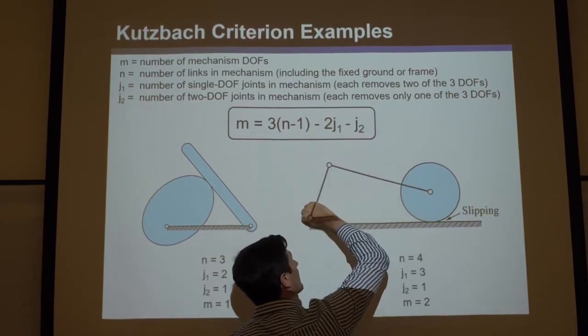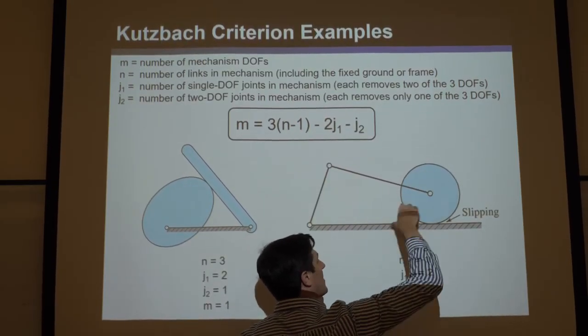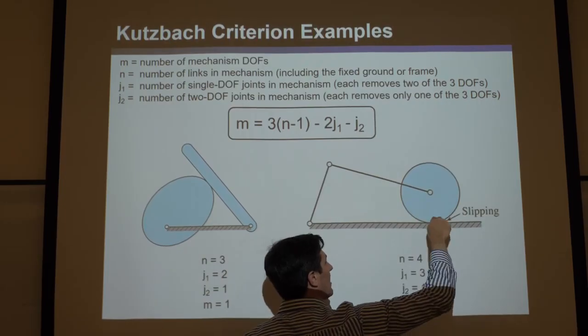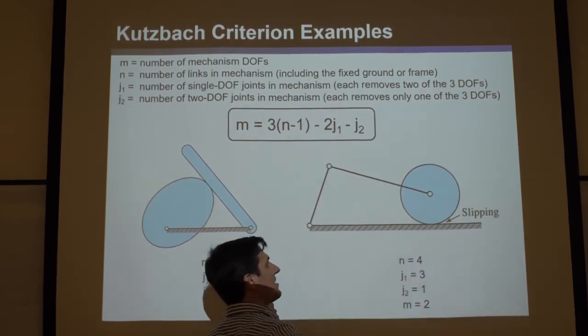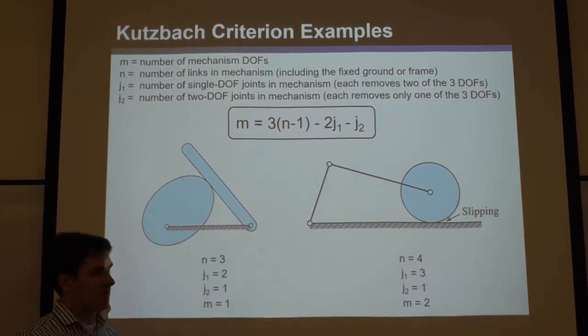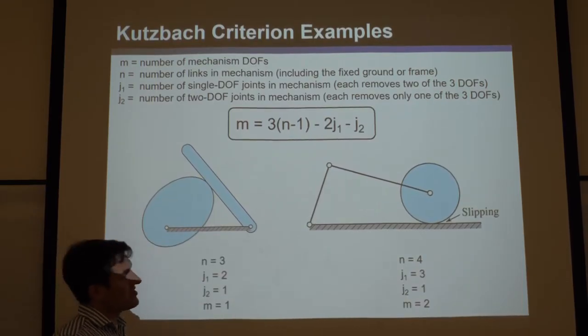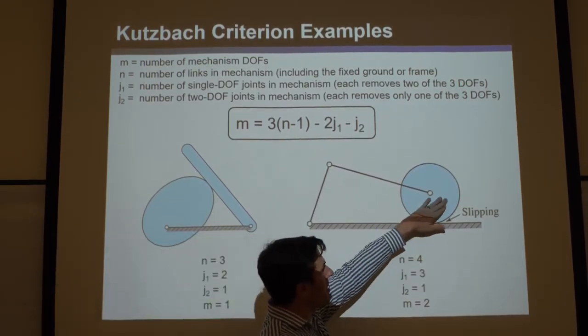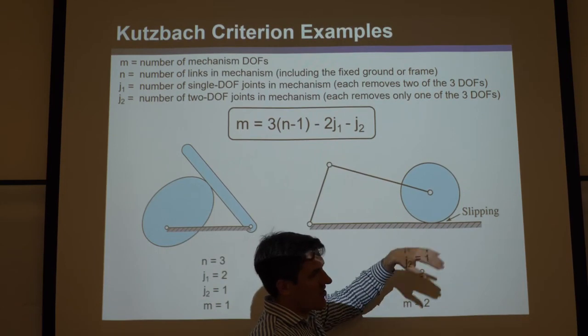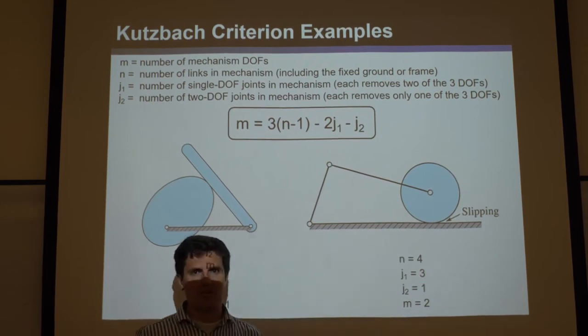If this is held fixed, then this would just be sliding like a pizza cutter. So this would be rotating, and there would be friction here. It would be sliding on that surface. It wouldn't roll with the surface. Okay, so then you say, well then it takes one more parameter to define that, and then you're good. So there's 2 independent parameters, so that makes sense.